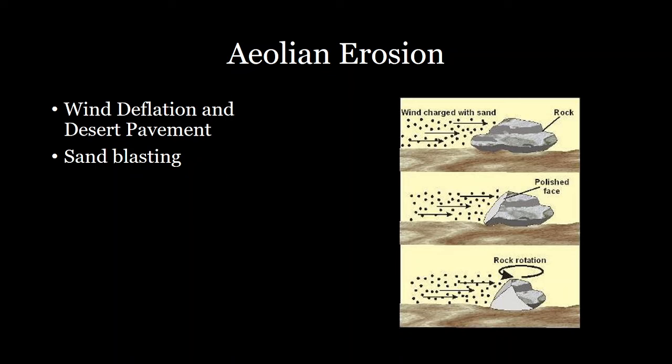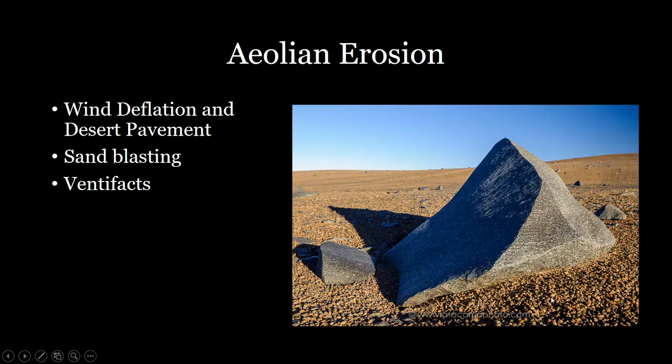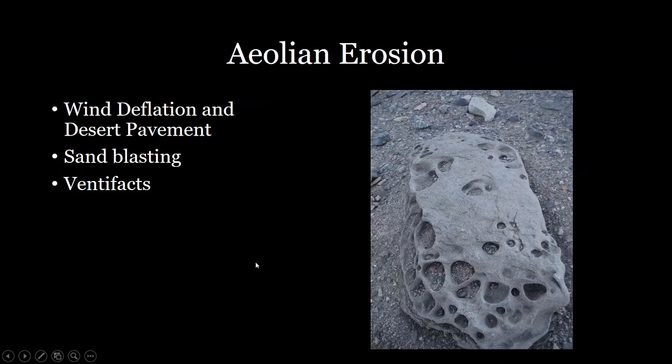Additionally, if that rock rotates or the wind direction changes, then you can have multiple polished surfaces on a rock. And you can see that here. This rock has been sandblasted, and it's left this curved surface, as well as this one here from when it has rotated previously. Another cool feature is ventifacts.